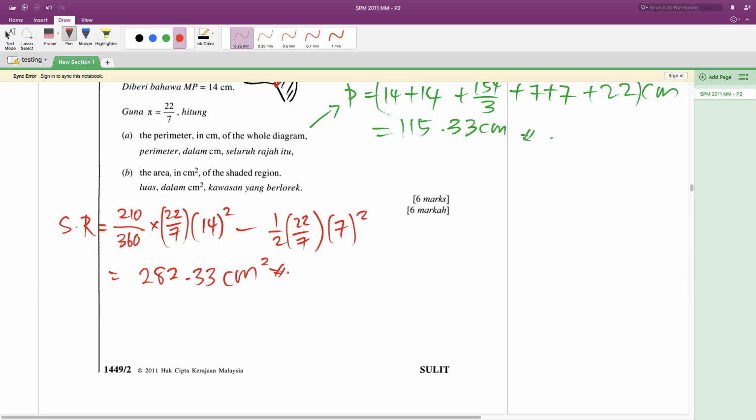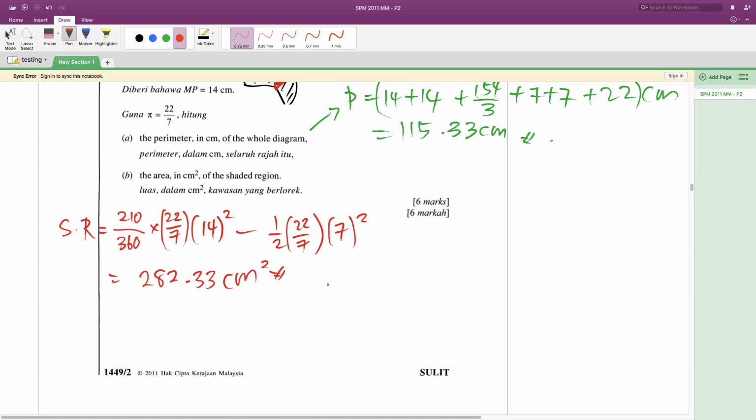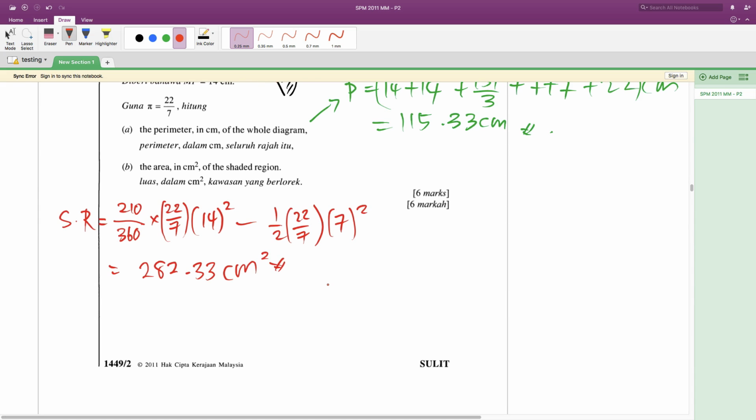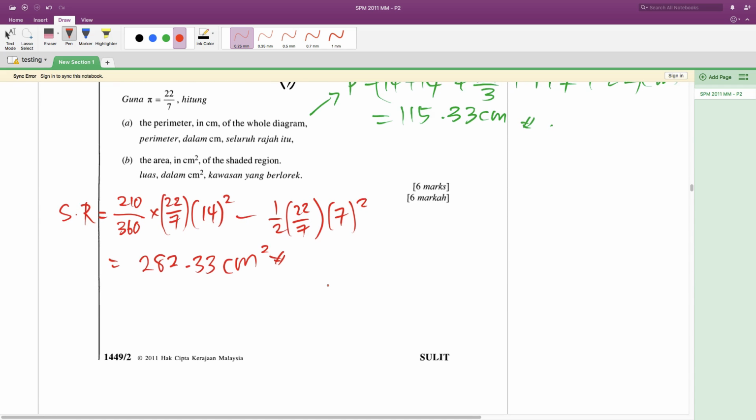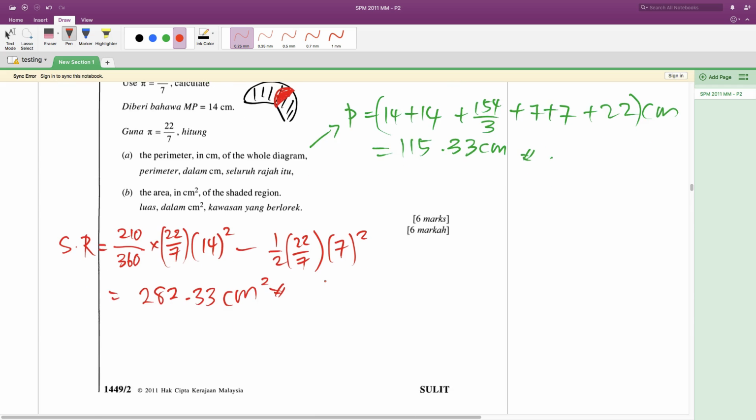Alright, so far so good. It's supposed to be 153 over 3, not 154 over 3, right? Then I guess I'm correct. If you find any mistake, please let me know.